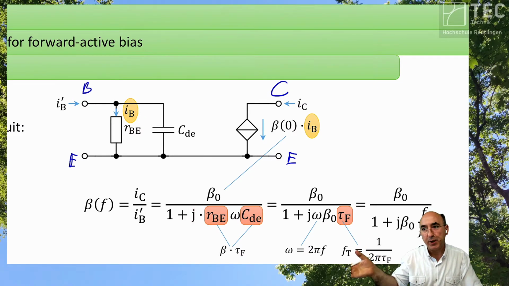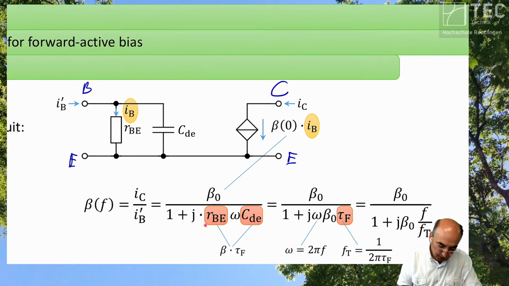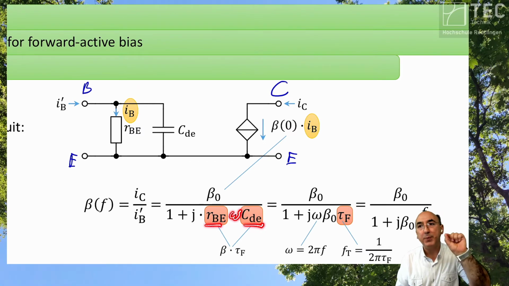So the imaginary part of a complex value is J times your time constant times omega. So that's the classical low pass filter characteristics, but for current, not for voltage.